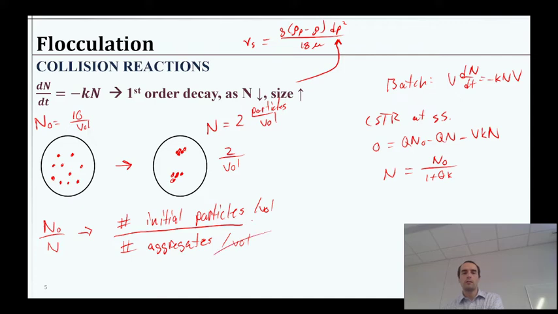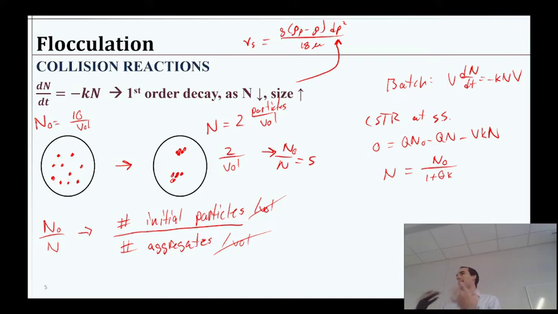We can kind of just ignore the per volume. So what that means physically or practically is if we had this case here, we went from 10 per volume to 2 per volume, then that means n naught over n is equal to 5, which means we have 5 initial particles in every aggregate.